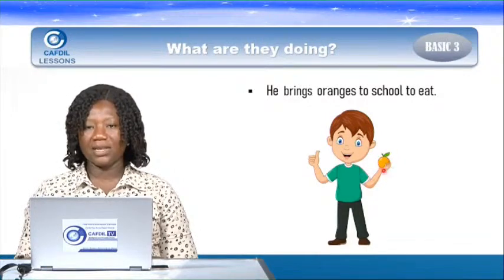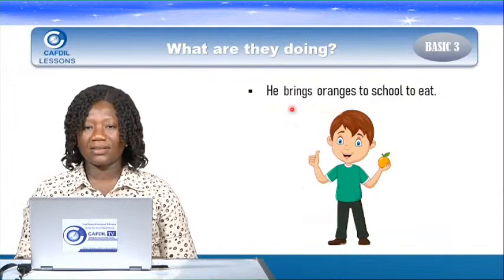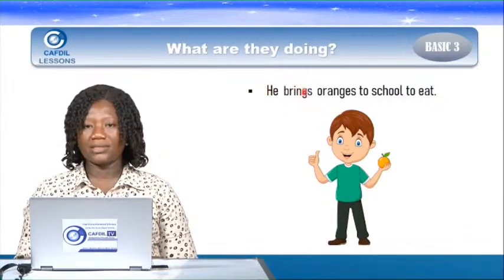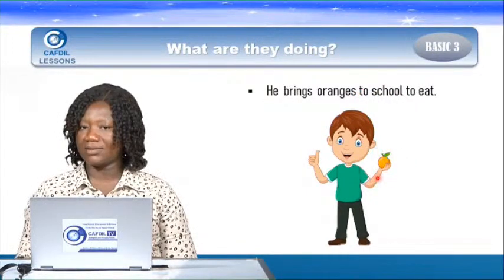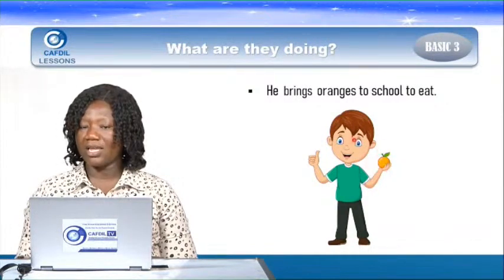Good. There is something in his hand, right? So let's form a sentence talking about what he is doing. He brings oranges to school to eat. And that is why we can see an orange in his hand.